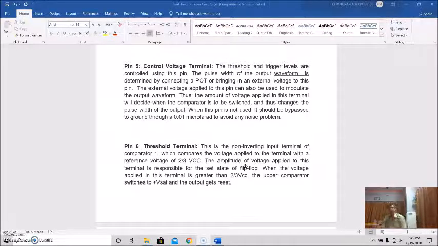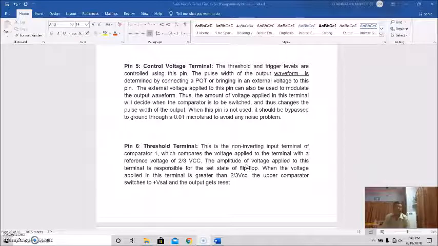The external voltage applied to this pin can also be used to modulate the output waveform. So the amount of voltage applied in this terminal will decide when the comparator is to be switched, and thus changes the pulse width of the output. When this pin is not used, it should be bypassed to ground through 0.01 microfarad to avoid any noise problem.